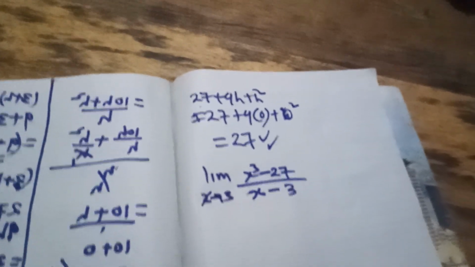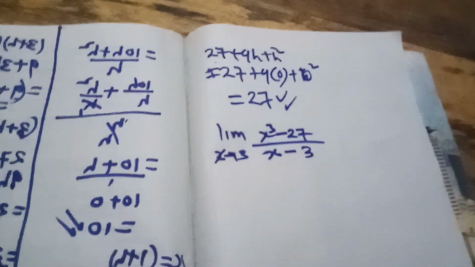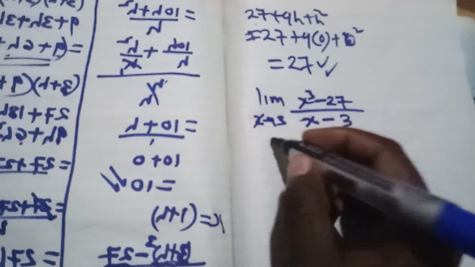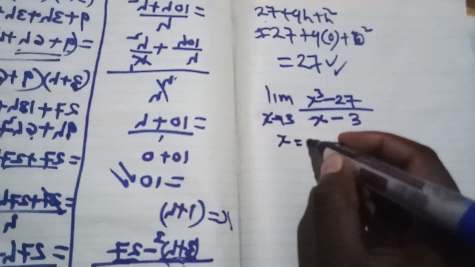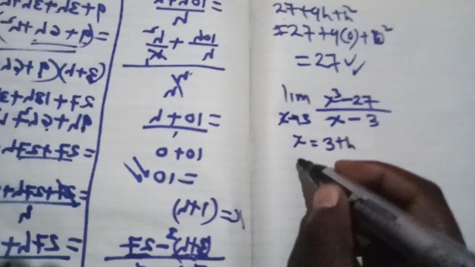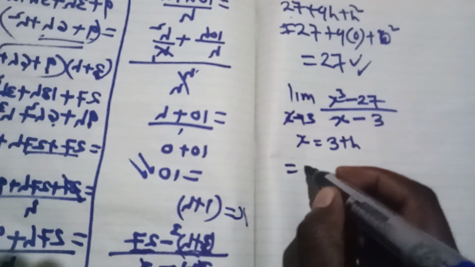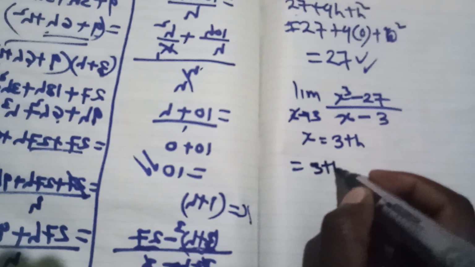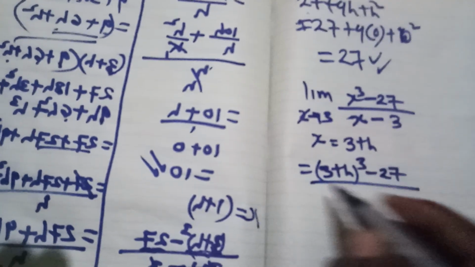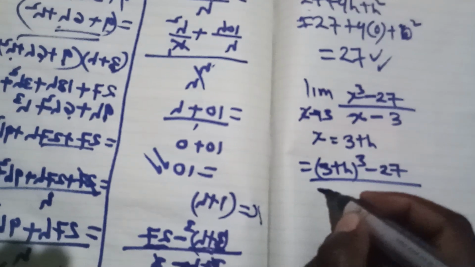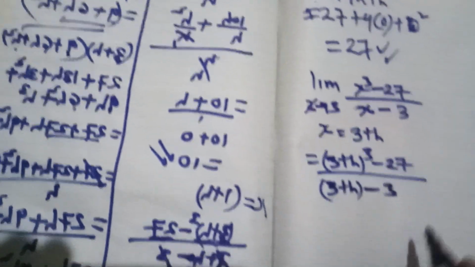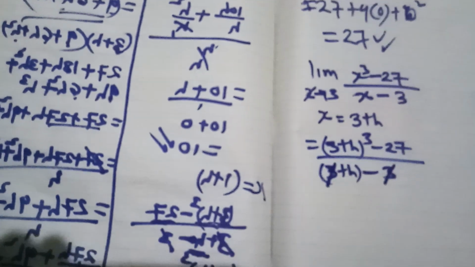Then let us now look at this example again. We said the value of x will be 3 plus h. Then our continuation will be 3 plus h cubed minus 27 out of 3 plus h minus 3. So this 3 will just simplify out with this one.